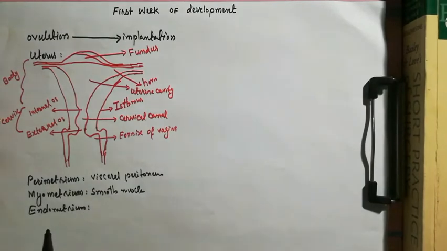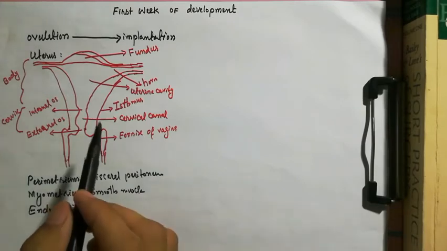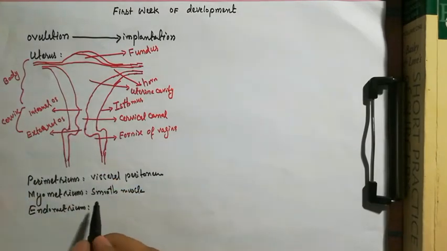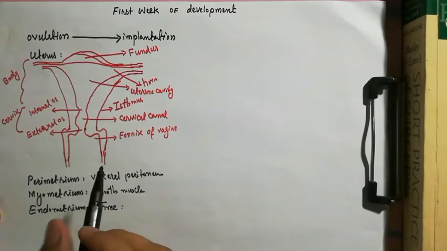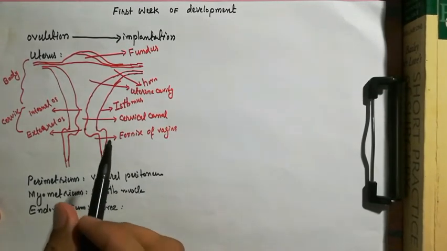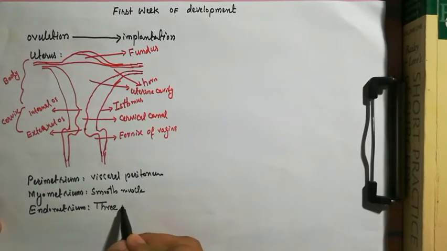Endometrium is also a thin layer composed of mucosa. During luteal or secretory phase of menstrual cycle, endometrium consists of 3 layers, but only during luteal or secretory phase of menstrual cycle.